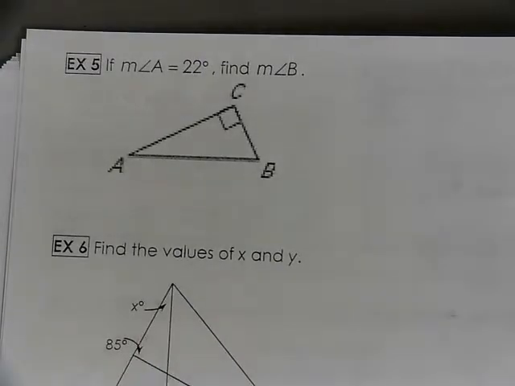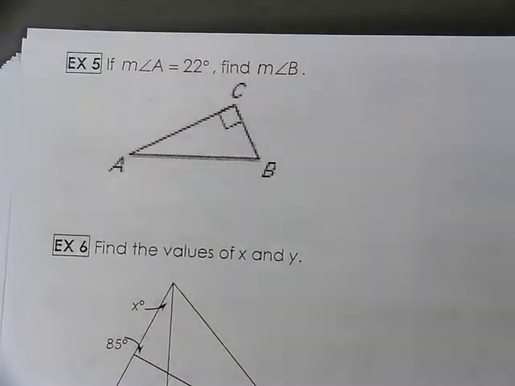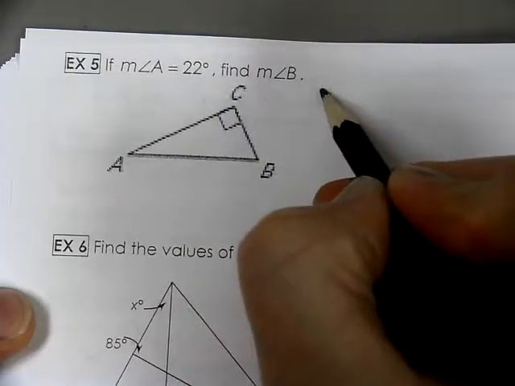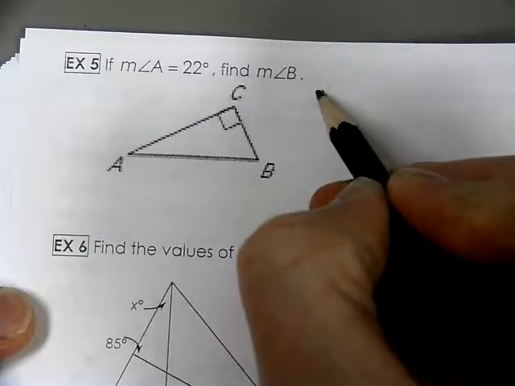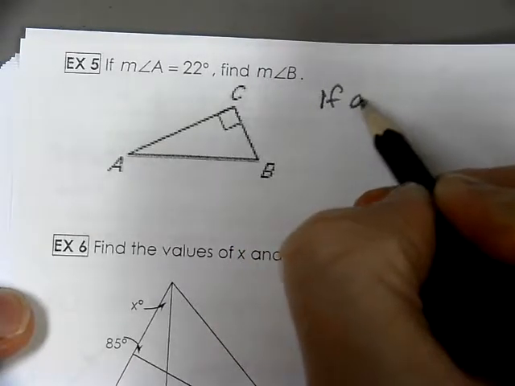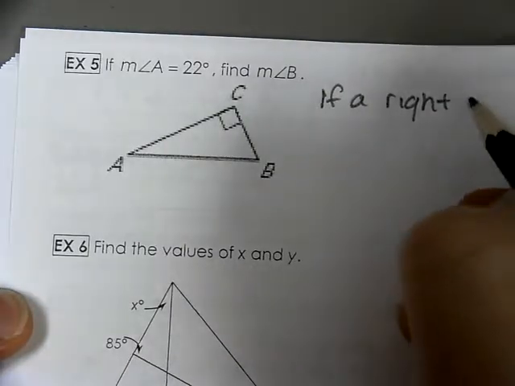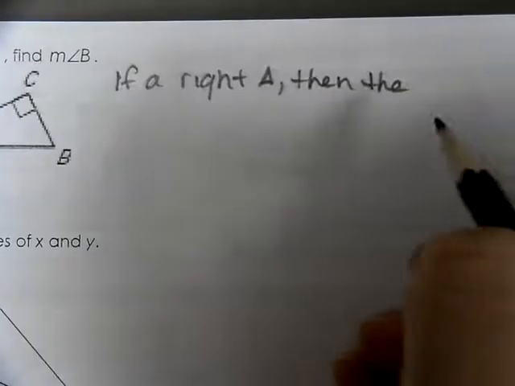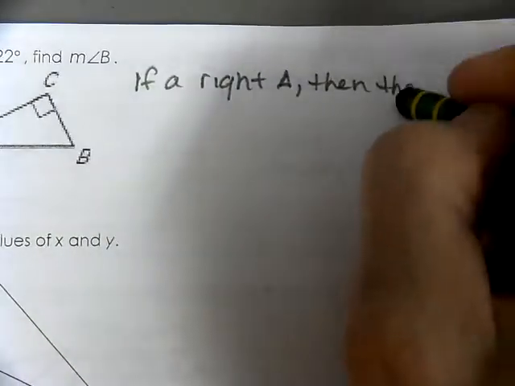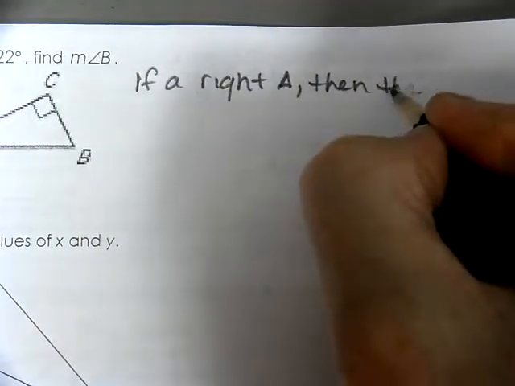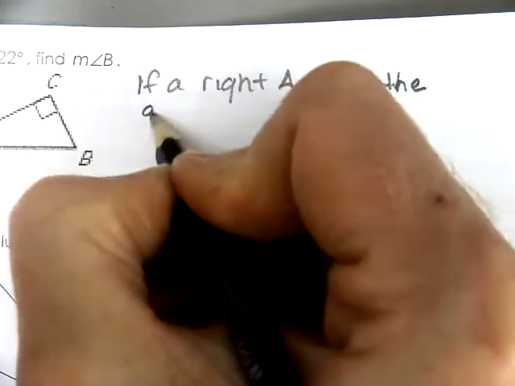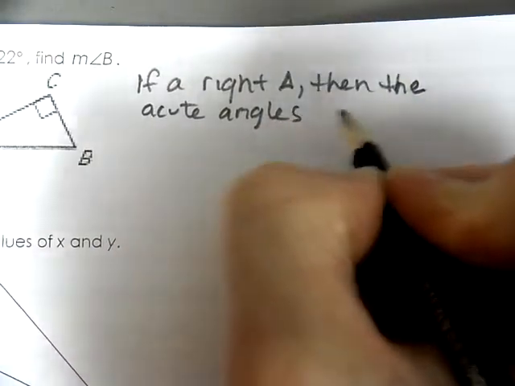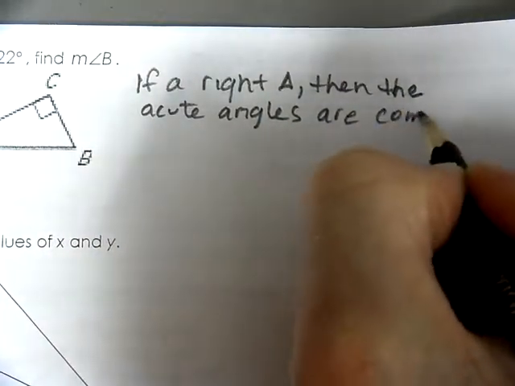So on the flip side, we're looking at this right triangle, which has a right angle in it. So I know that if a right triangle, that's what we have, then the acute angles are complementary.